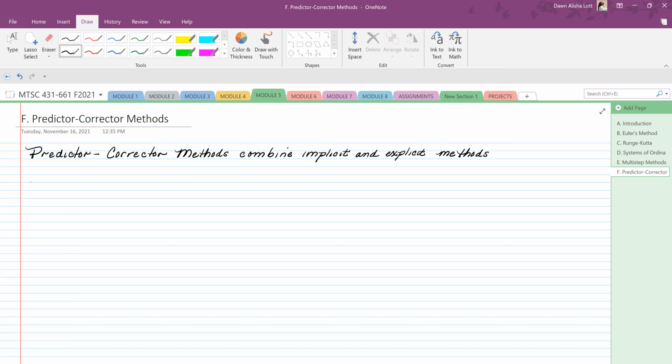So we use the explicit method to predict the solution, and we use the corrector method. I'm sorry, we use the implicit method.